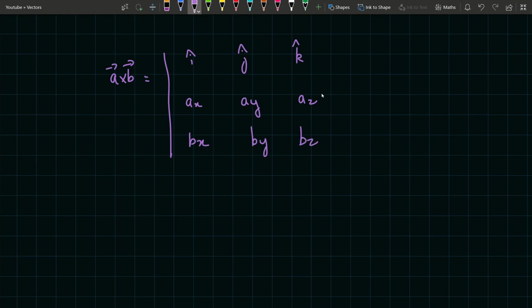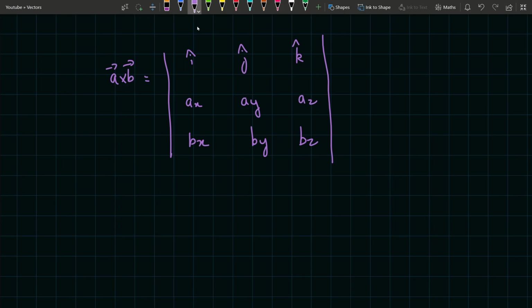So now let's learn how to do cross product using determinants. a cross b can be written as the determinant of i cap, j cap, k cap, then ax, ay and az, bx, by and bz. That's it. Write the two vectors like this. That's enough.